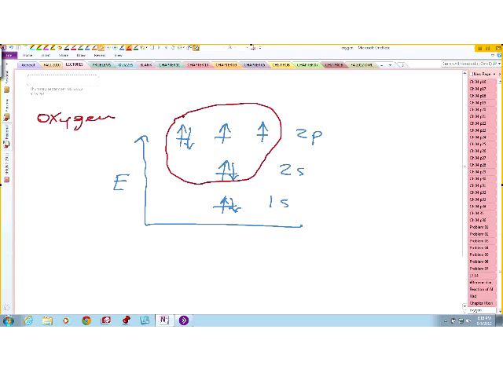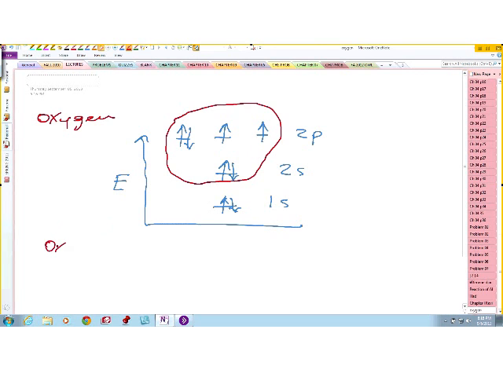How many electrons does it have in the valence shell? 6. So you say the valence electrons for oxygen is 6. Therefore, how many electrons does it need in order to attain the octet? 2. It needs 2 more, which means that oxygen will want to form 2 covalent bonds, right?